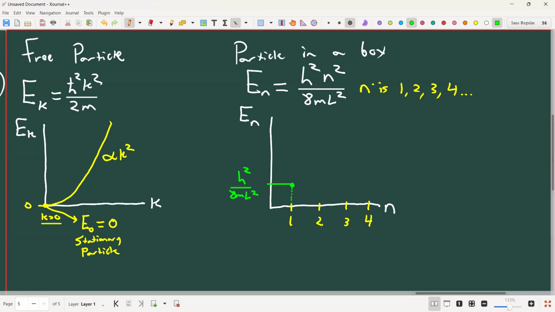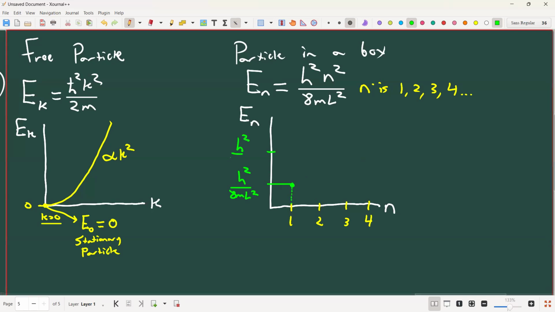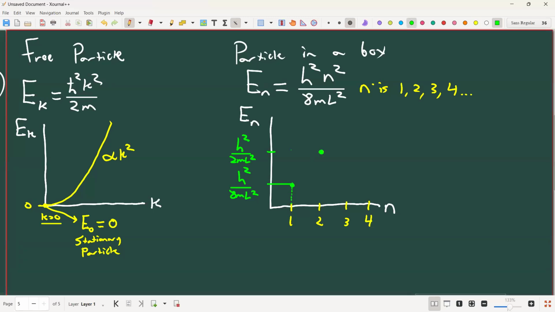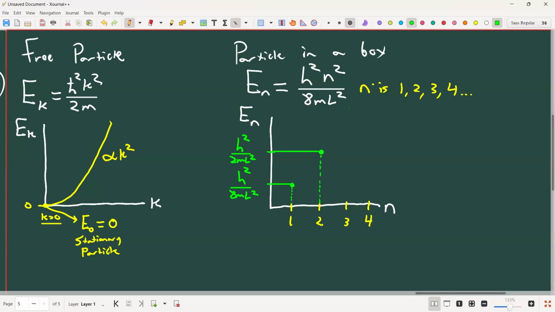So there's a point here in energy. And then the next one is going to be at 2 squared, which is 4 over 8. So that's h squared over 2ml squared, and that's going to be at 2. Draw it like this. And it gets progressively larger and larger than that. It still goes as n squared. So the next one's going to be even further away, and so on and so forth.